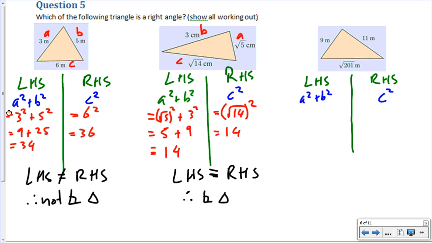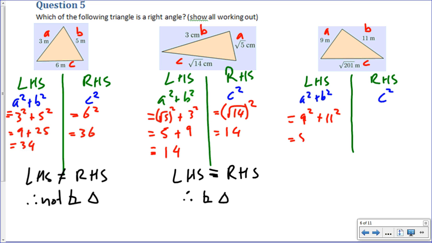Again, I'm going to have a look at my diagram. Square root 201 is between 14 and 15. That's 225, so that's going to be my C. That's going to be my A. That's going to be my B. So again, substituting in 9 squared plus 11 squared.